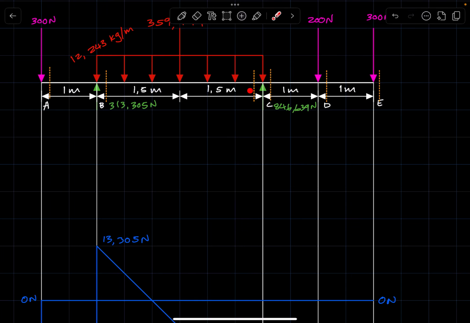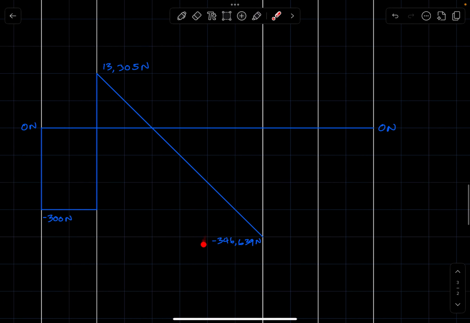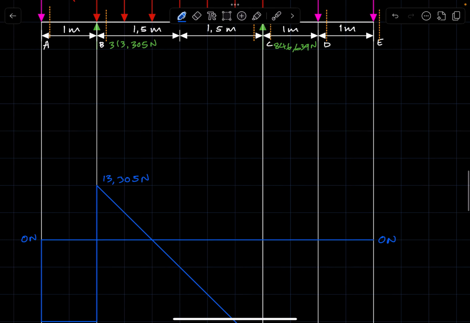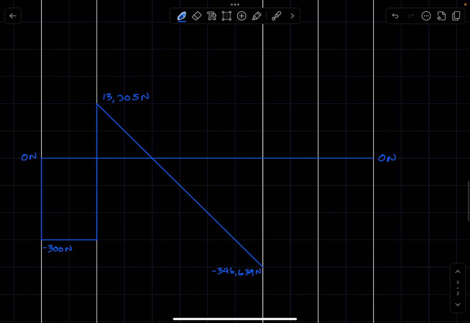We have two sections. Remember, at this point, we are done considering forces on the left of this section. Now we are going to consider forces between this section and the last section, and the only force to consider is the one of this reaction. As the reaction is positive, we are going to say negative 346,639, and you add the 846,639, and you should get positive 500.